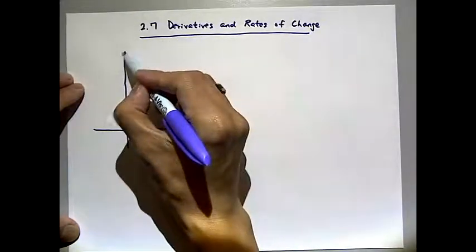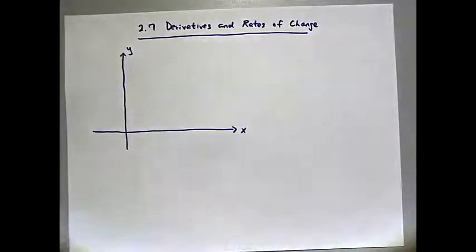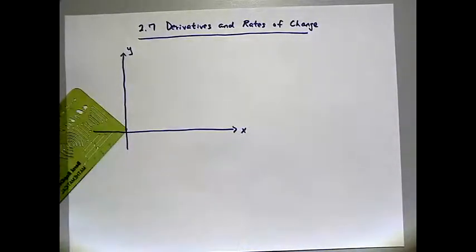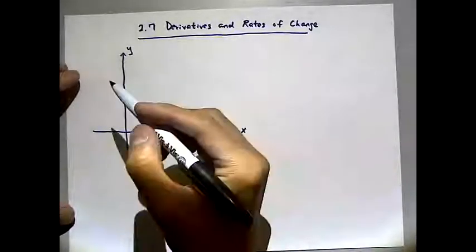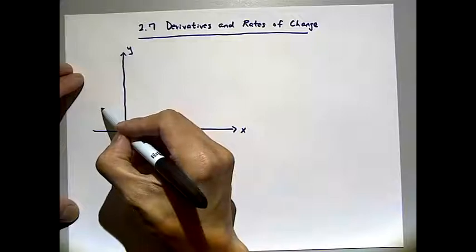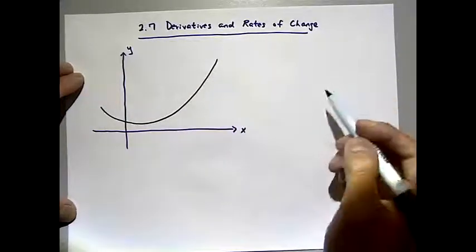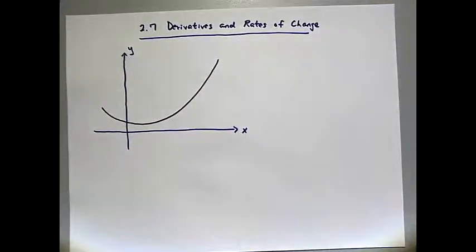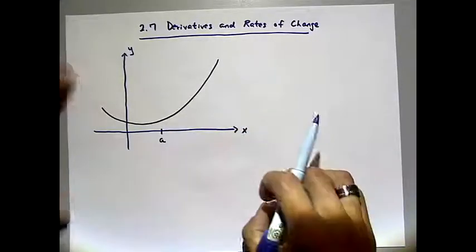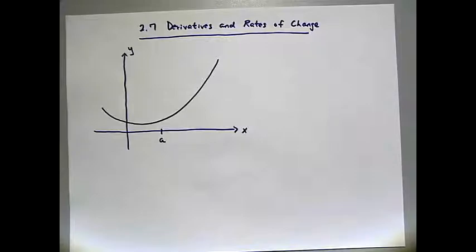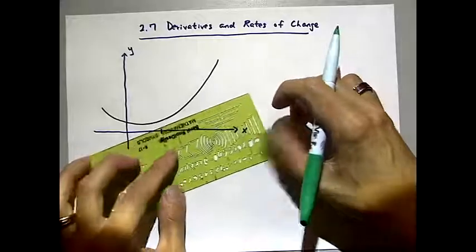So once again, I'm going to sketch just a pretty general function here. So let's have one that looks something like a parabola. Okay, so this is point A right here. Now remember, our goal is trying to find out the slope of the tangent line right at x is equal to a.